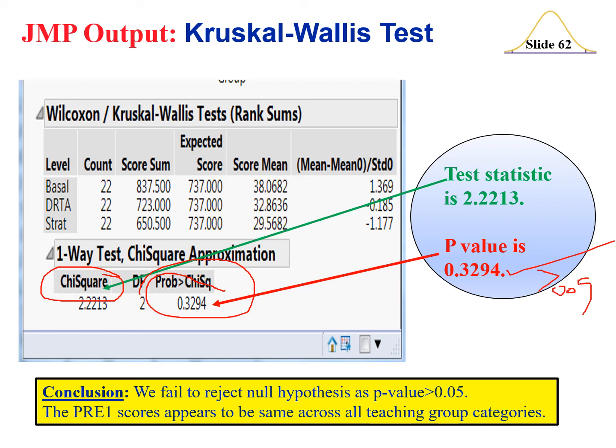So we fail to reject the null hypothesis as the p-value is greater than 0.05, concluding that the pre-scores appear to be the same across all teaching group categories. So the conclusion is that there is no significant difference between teaching group categories in terms of pre-test scores.